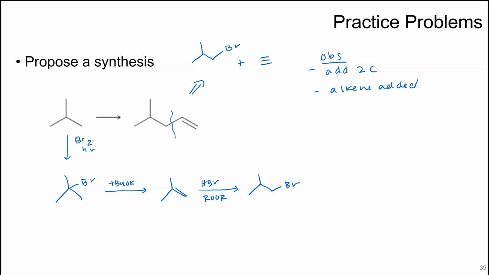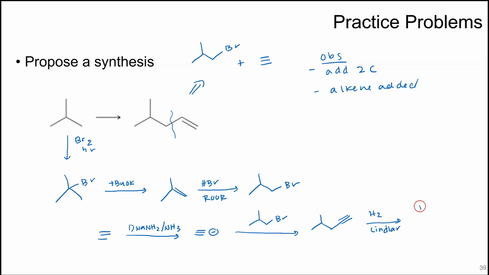So I get that Br, and then I'm going to start with my acetylene, NaNH2, NH3. So that will form my acetylide. Then I add this to it. I get that, and then I can use H2 Lindlar to get the final product.